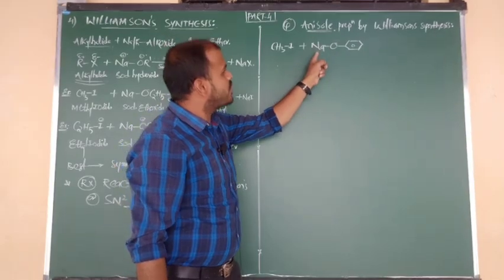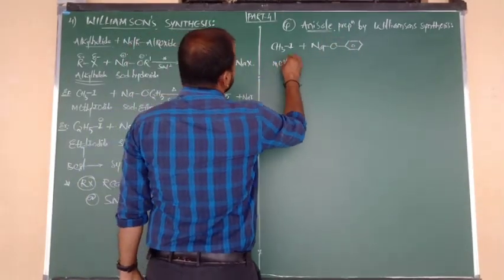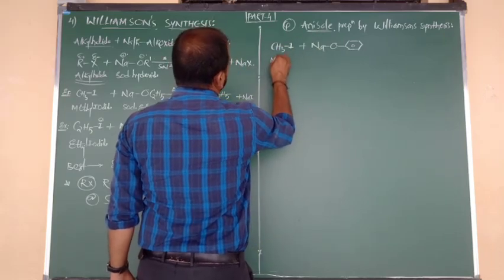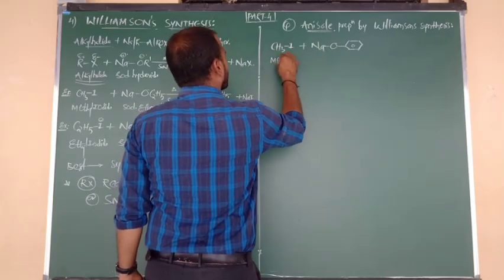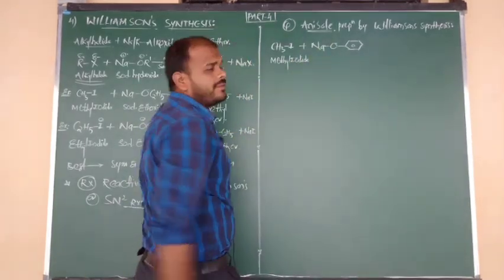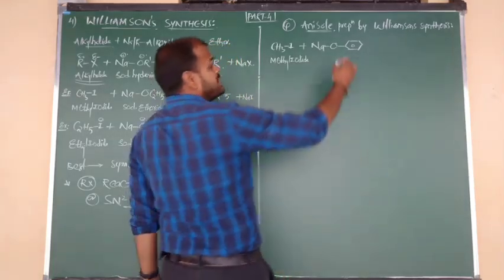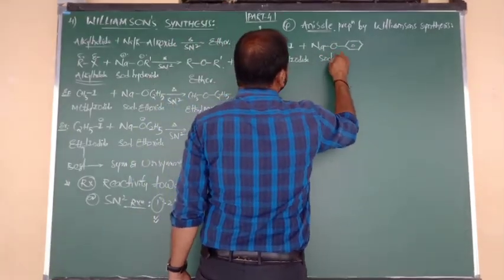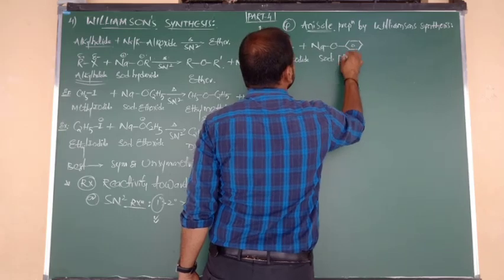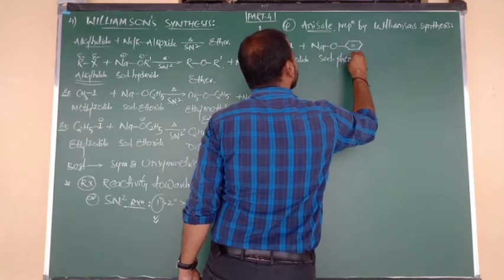This is called sodium phenoxide. So methyl iodide on heating with NaOC6H5, that also you can write in place of benzene. So we can say this is nothing but sodium phenoxide, one type of aromatic alkoxide.